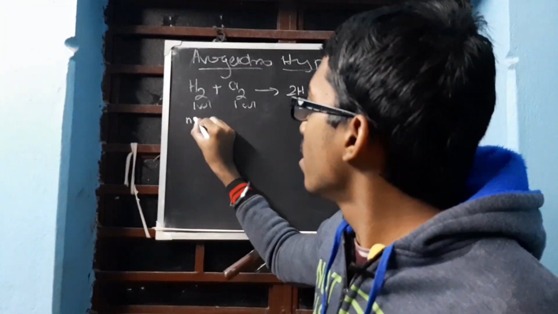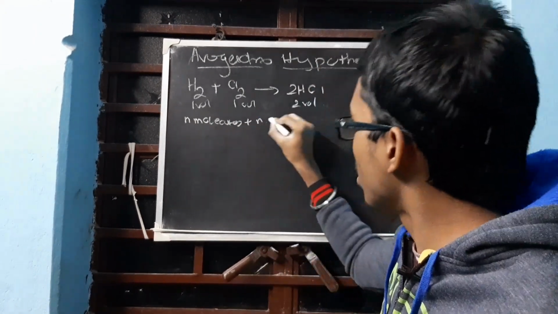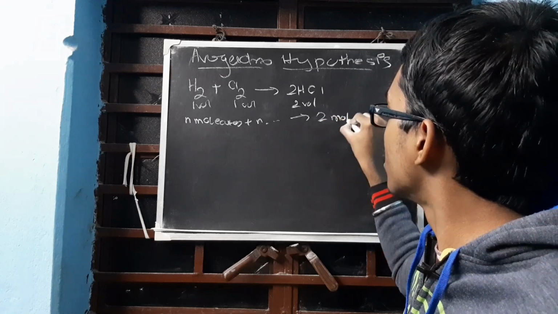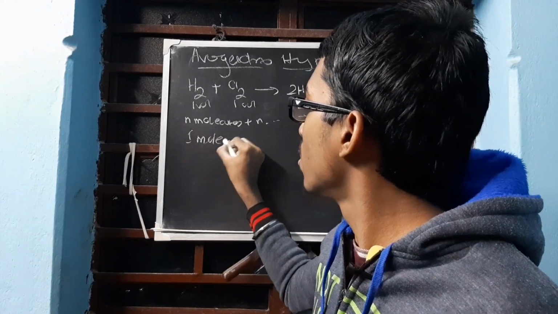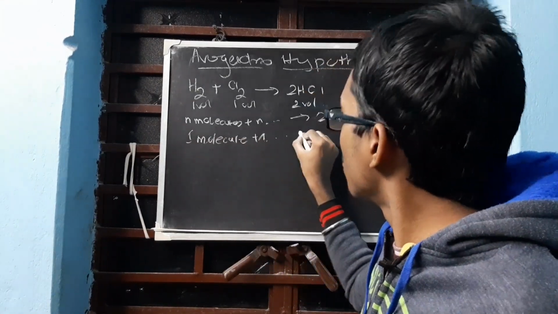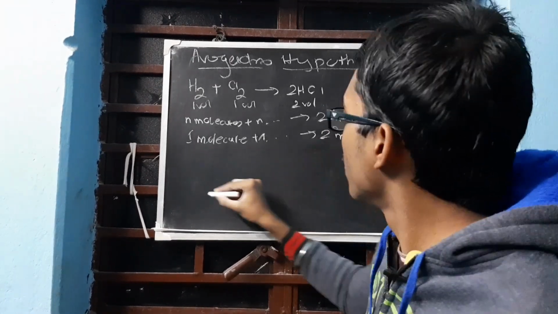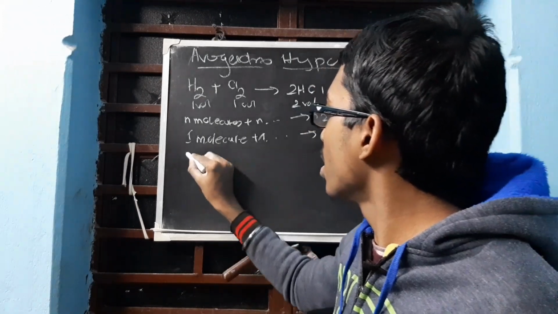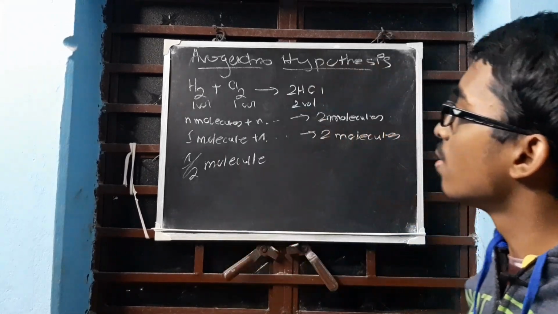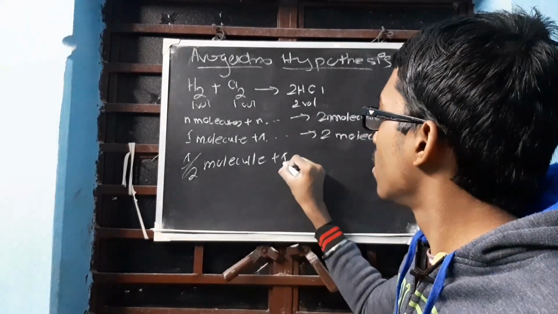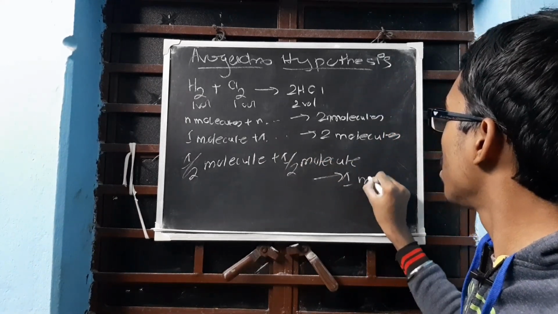Okay. N molecules plus N molecules, 2N molecules. 1 molecule plus 1 molecule forms 2 molecules. So here half a molecule plus half a molecule, 1 molecule.